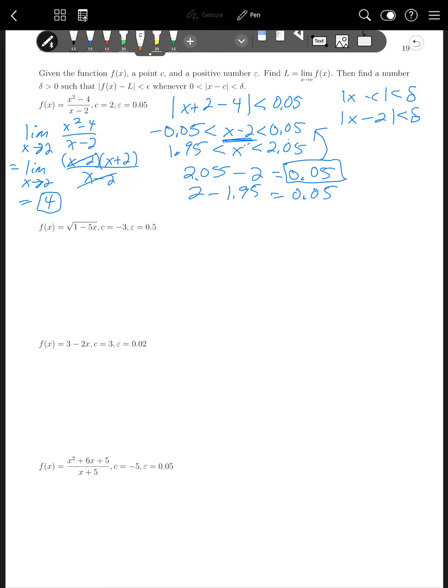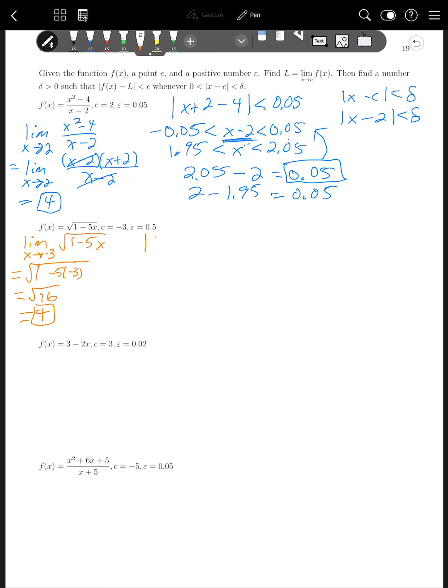So the next one, start out once again by finding the limit. In this case, the limit is x approaches negative 3 of the square root of 1 minus 5x. So all we have to do is plug the number in. So the square root of 1 minus 5 times negative 3. So that's the square root of 16, which is 4. Okay. And so now we can go to the next step.